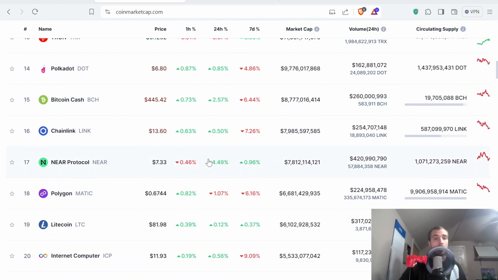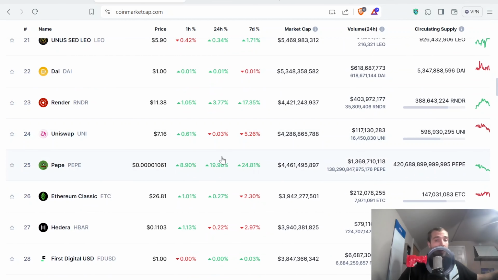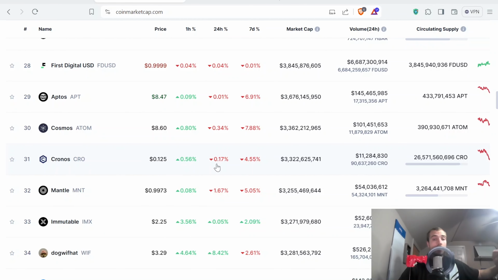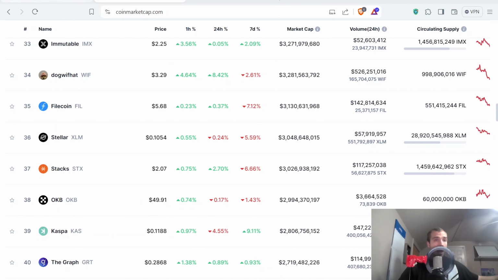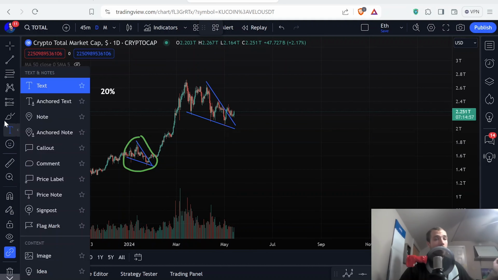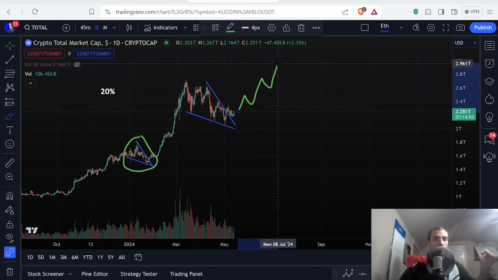A lot of these coins are going to follow Bitcoin. So as money keeps going into Bitcoin, you're going to see money just flooding into these other coins as well. And it's going to be a ton of fun as we break bullish out of this wedge here on the total crypto market cap. A lot of people are going to make a ton of money as we head up towards 3 trillion in total crypto market cap.